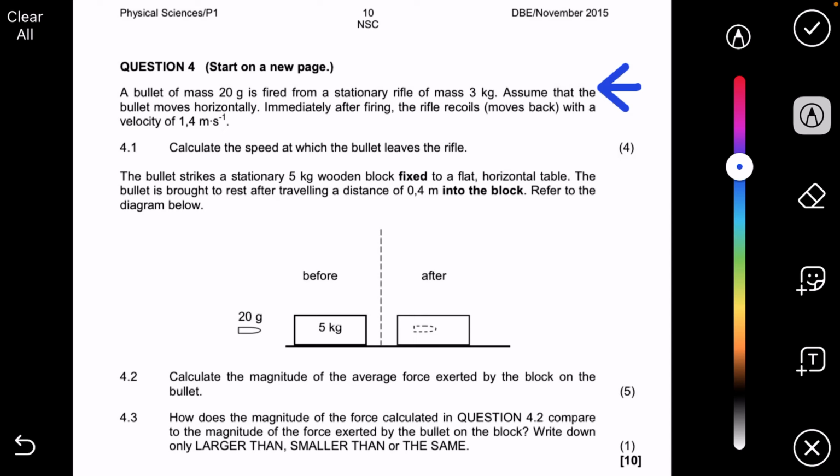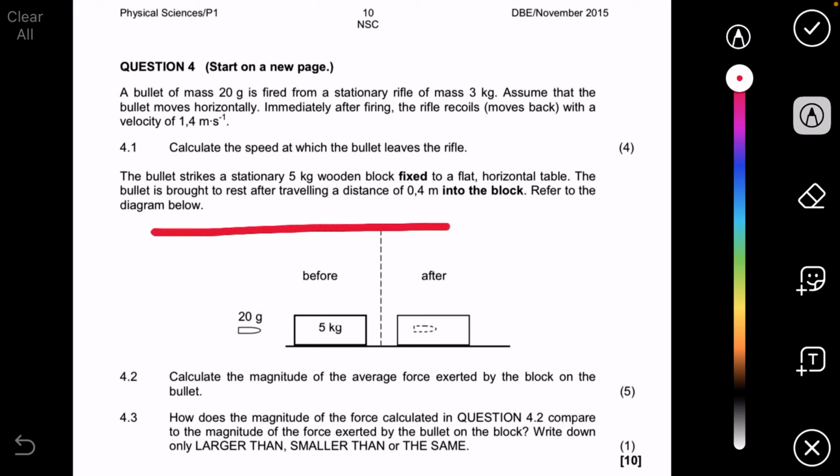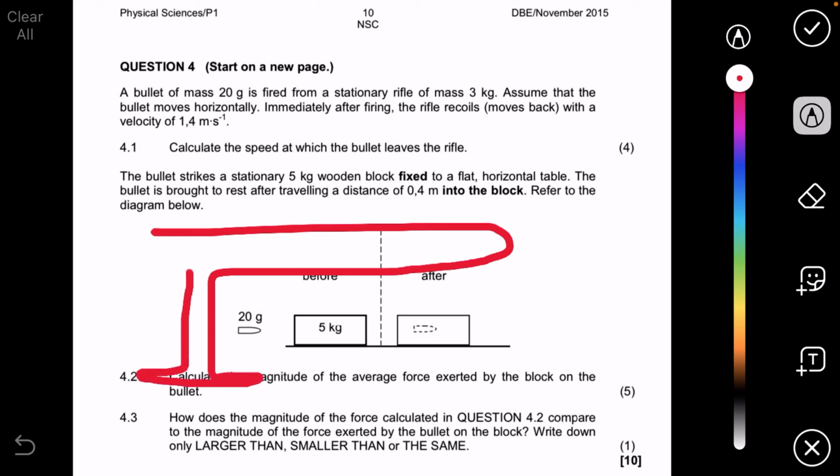Guys, very, very much important information given over there. So let me just try to draw something, guys. Let's just assume this is a rifle. I'm not good in drawing, but I hope you're convinced that this is a rifle. Okay, so ladies and gentlemen, what is the mass of this rifle? The mass of that rifle, it's given over there.